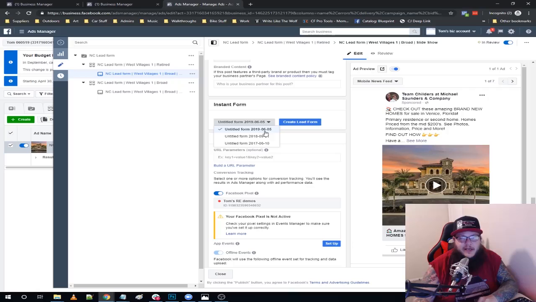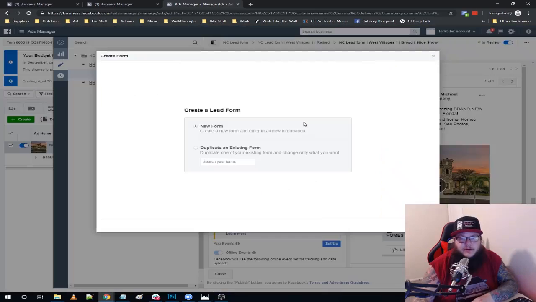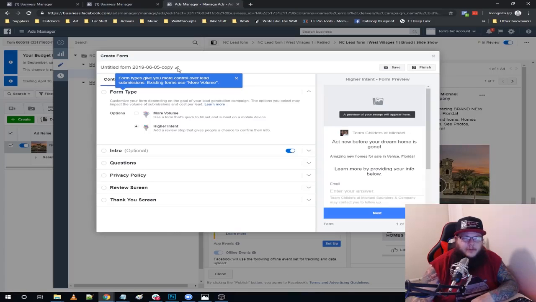I just know by the date 6/5/19, it's the form that we created together. So I'm going to click on create form, duplicate an existing form, and then we're going to choose the 6/5/19. I'm going to click next, and then this time I'm going to modify the name.